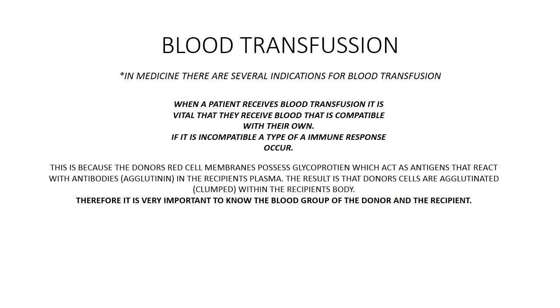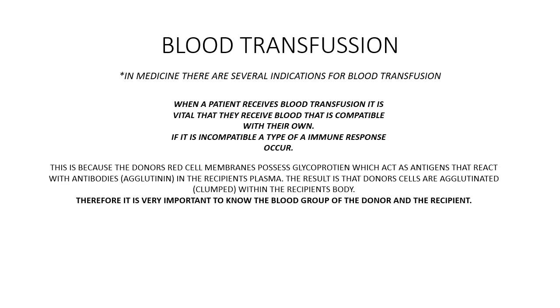How is blood transfused? In medicine, there are several indications for blood transfusion. When a patient receives blood transfusion, it is vital that they receive blood that is compatible with their own. If it is incompatible, a type of immune response occurs.